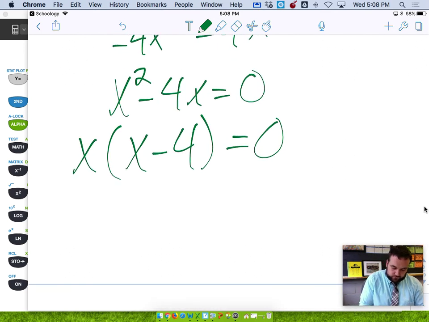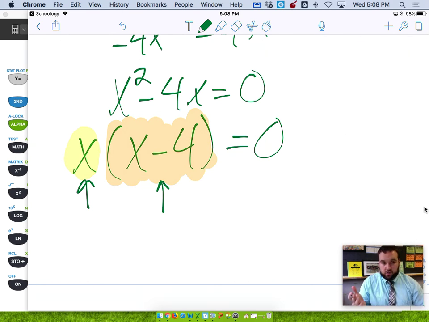And now we have the same situation where one quantity is being multiplied by another quantity, and that has to equal 0. So either I need the yellow to be 0 or I need the orange to be 0. In order to make the yellow 0, it is just x. So this will give me a solution of x equals 0.